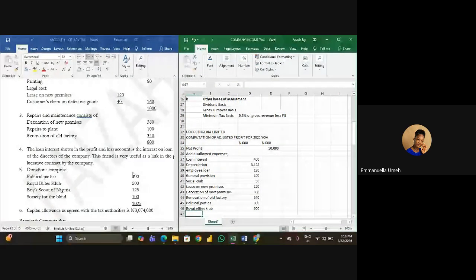Political parties is 300. I can't find it again, but let me ask somebody that might have it. It's like 3 pages. Just skim through it.